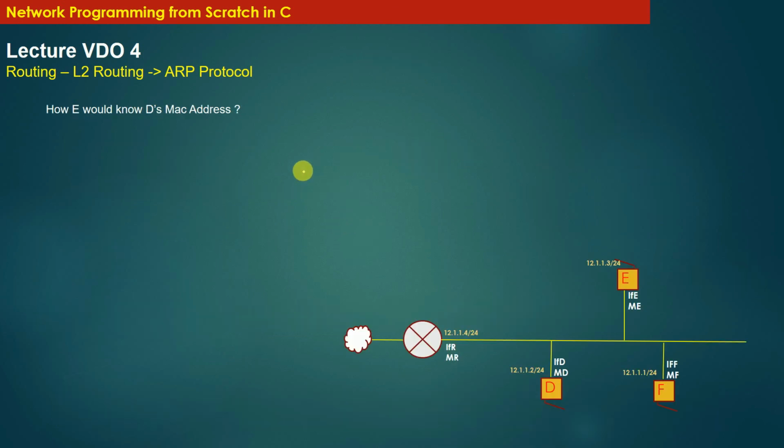So going forward, how would E know D's MAC address? So let us resume with the steps where we left. In step 7, the ARP request packet is received by all the interfaces connected to the wire. So machine E launched the ARP broadcast request message, and this ARP broadcast request message will be received by all the machines which are connected to the wire.